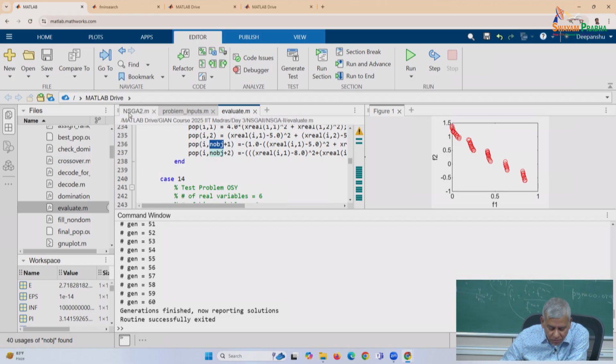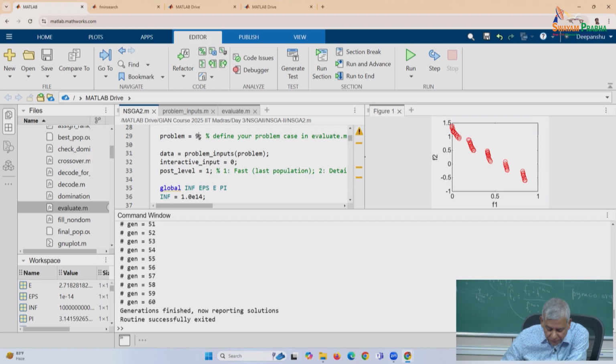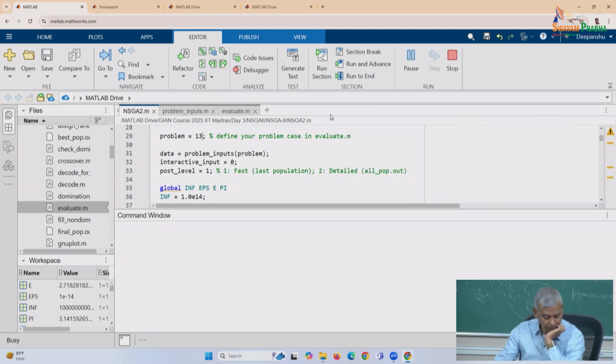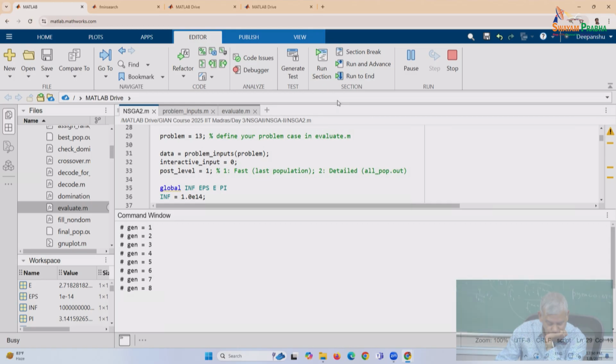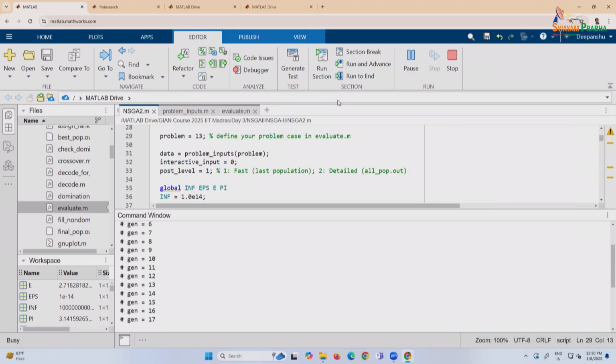Let's see, we have to go to NSGA2 and first 13 and we run. This is 2 variables, so it's fast.